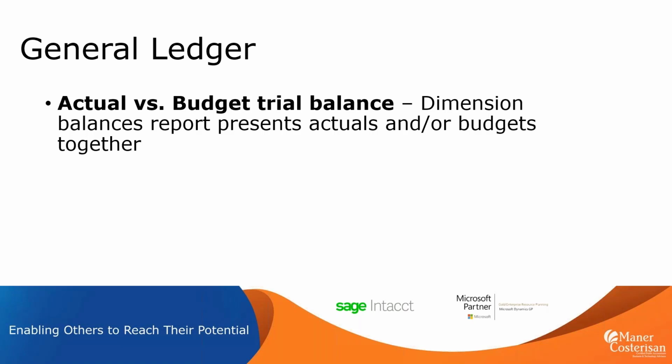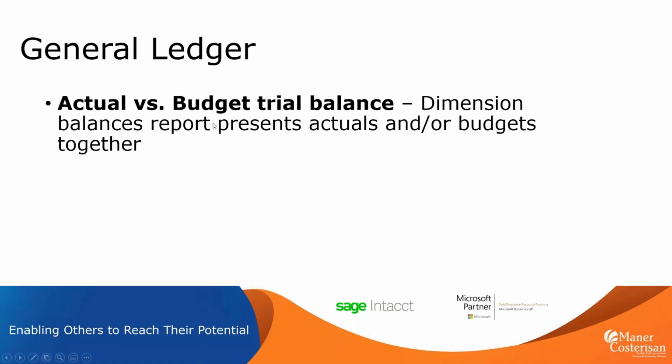Because this is in contrast to your normal trial balance, which only gives you a summary on your main account segment. The dimension balances report gives you that nice detailed split out of all of your balances by location and department and every combination therein.